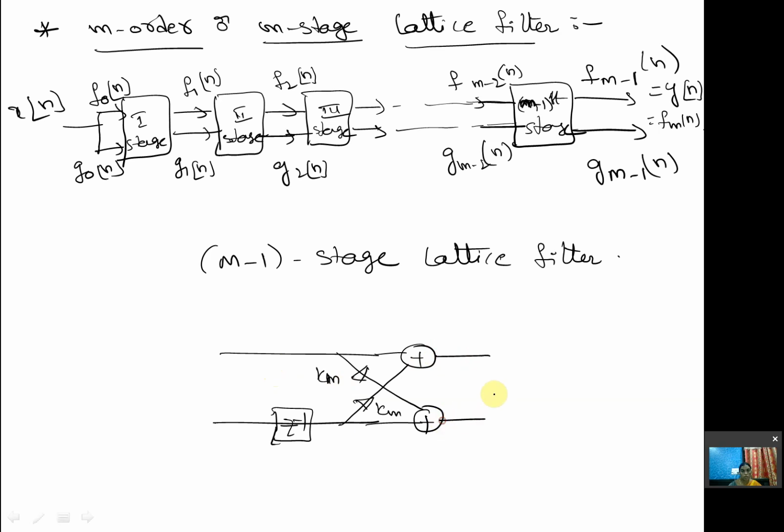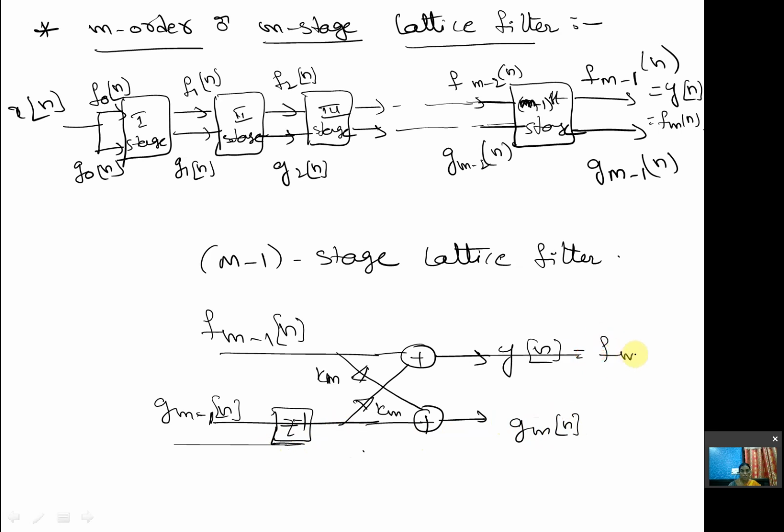Now here you can get the output. So here input is f m minus 1 of n, here g m minus 1 of n, like this. That's it. This is nothing but g m of n, here f m of n. That's it. Okay, so in this way you can develop the M stage lattice filters.